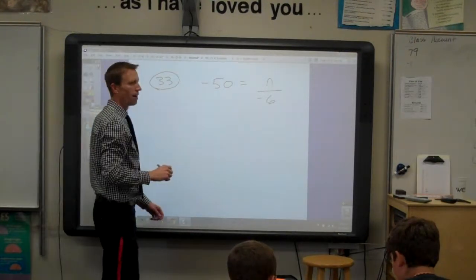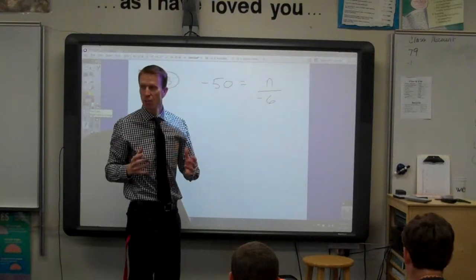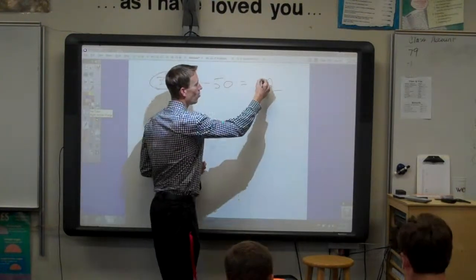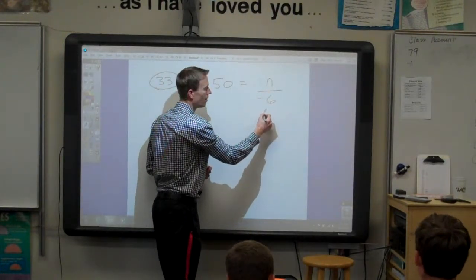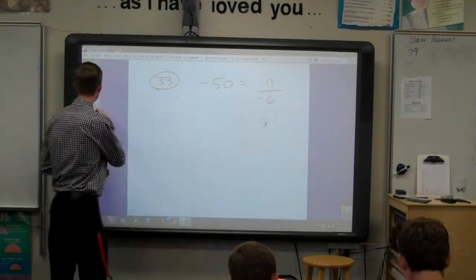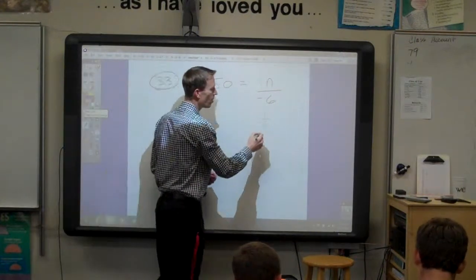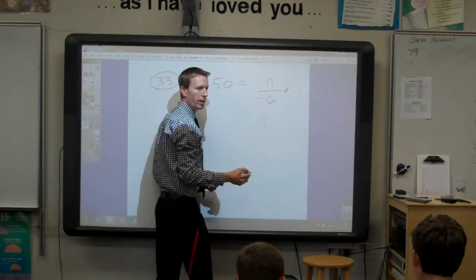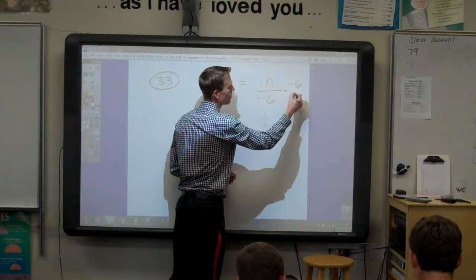First, find the coefficient. What is the coefficient here? It's 1 over negative 6. Now, multiply by the reciprocal of that, which would be negative 6 over 1.